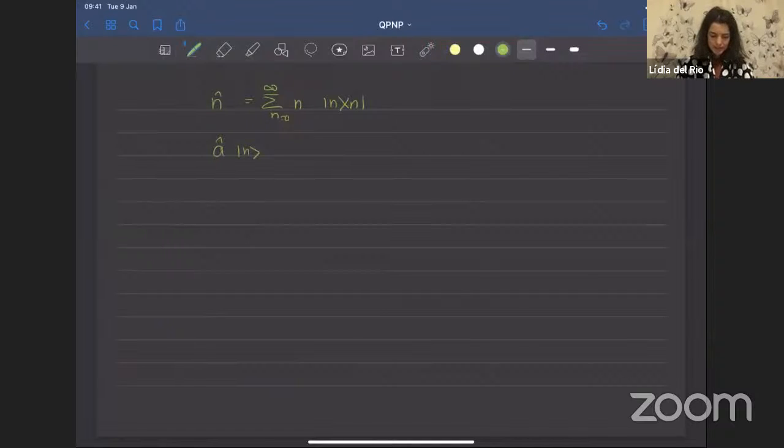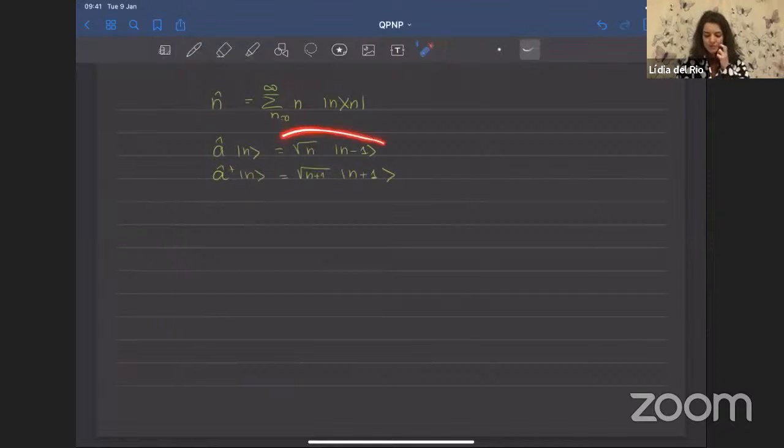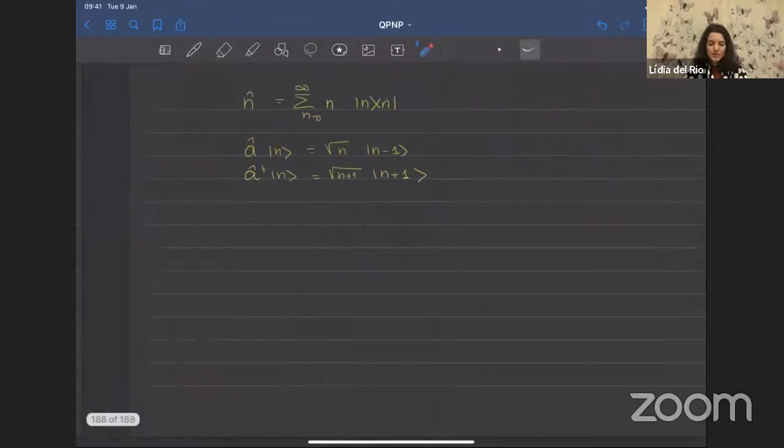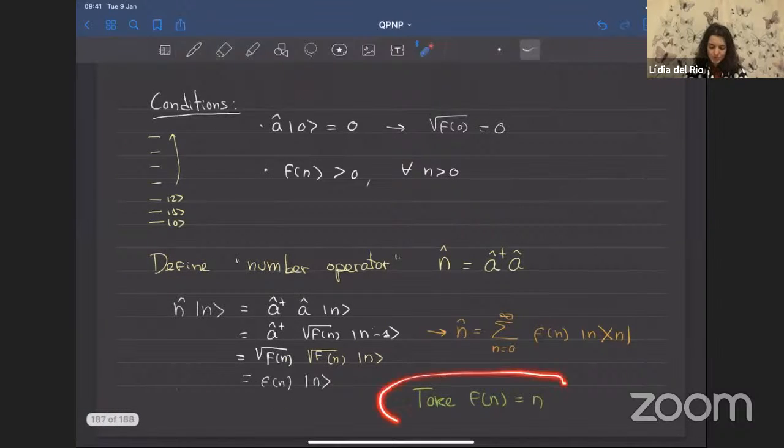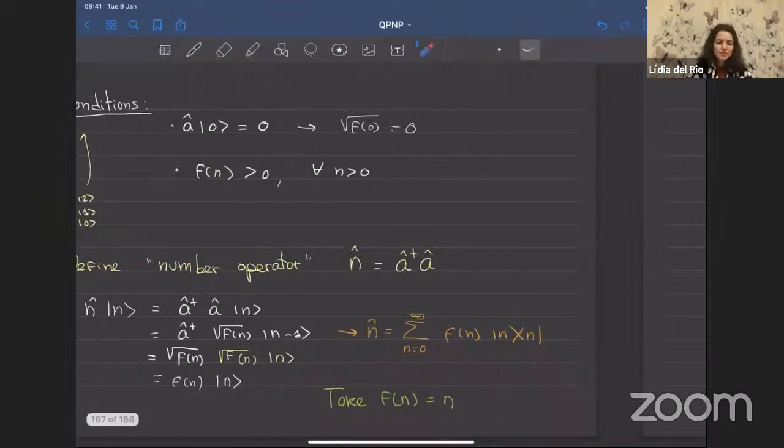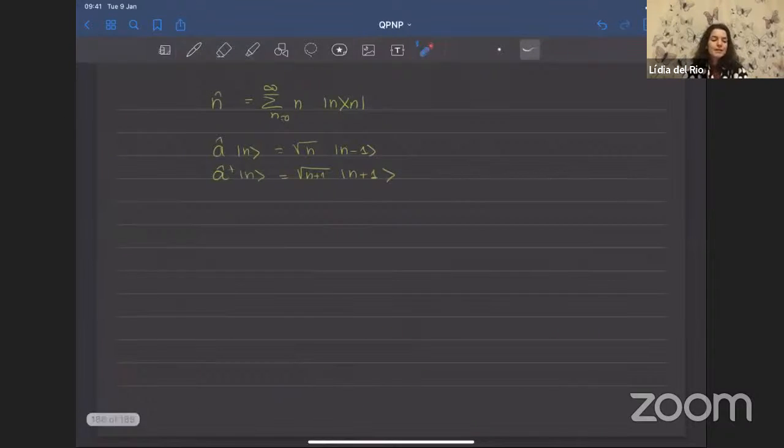This is just square root of n, n minus 1, and A plus applied on n is square root of n plus 1, n plus 1. You see that here they're already different from spin systems, because in spin systems this function was more complicated. It depended on the other quantum number and so on. So we can still apply most of the formulas that I'll describe if we don't do the simplification. But lucky for us, for the harmonic oscillator, the simplification is good. Good.